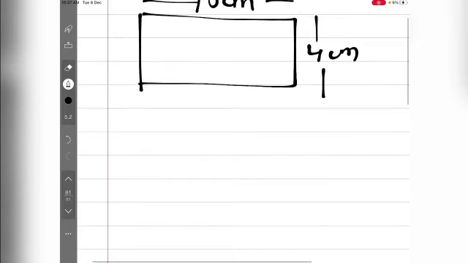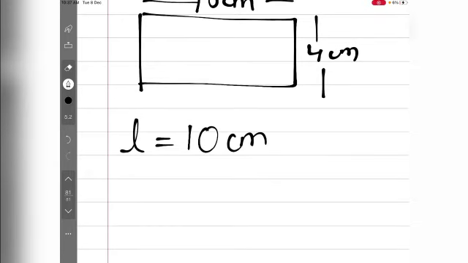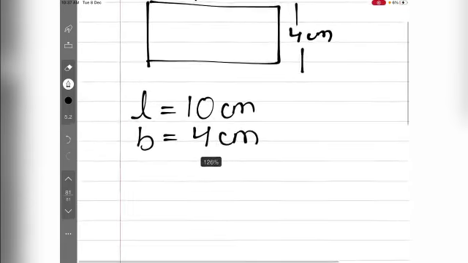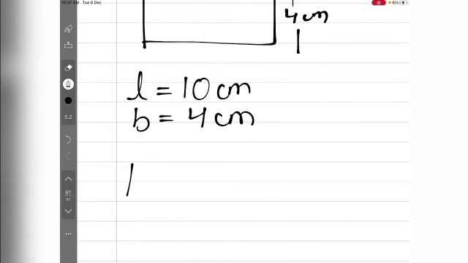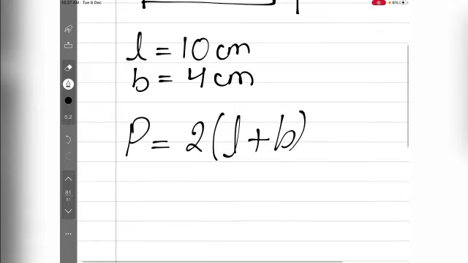First we write that the length of this rectangle is 10 centimeters and breadth is 4 centimeters. Now we simply write the formula for the rectangle, that is 2 multiplied by length plus breadth. This is the perimeter.